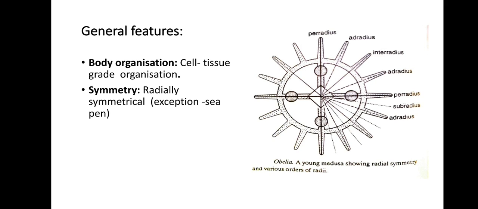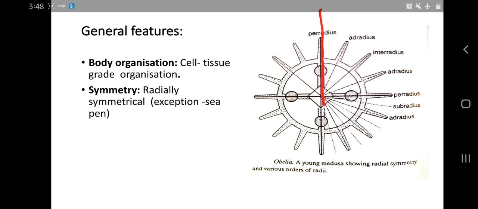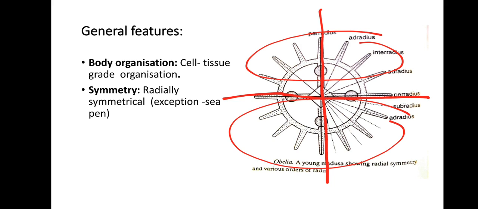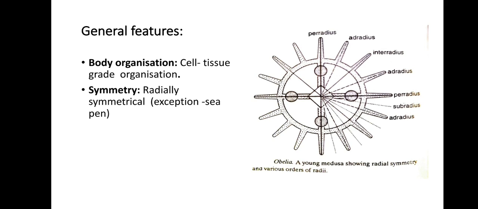Here you can cut the animal's body in any plane. If you cut in this particular plane, you are going to see two identical, superimposable halves. If I cut it in this plane, again, the one on this side and this side are identical in nature.